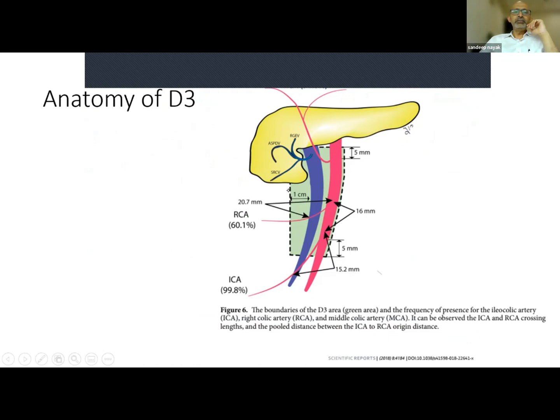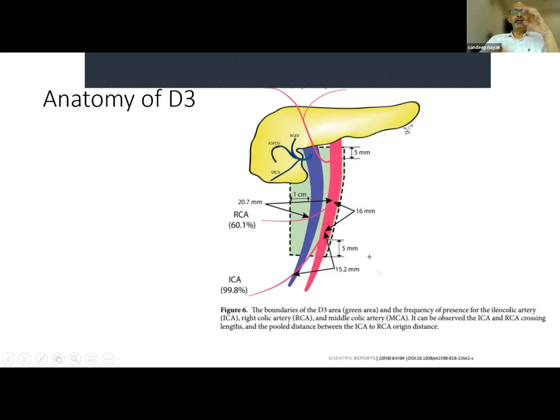From that level to just medial to the SMA is where the lateral extent of the D3 region is, and longitudinally it extends 5 millimeters above the origin of the middle colic artery and down exactly 5 millimeters from the origin of the ileocolic artery.